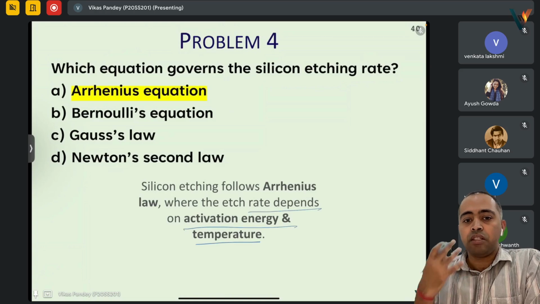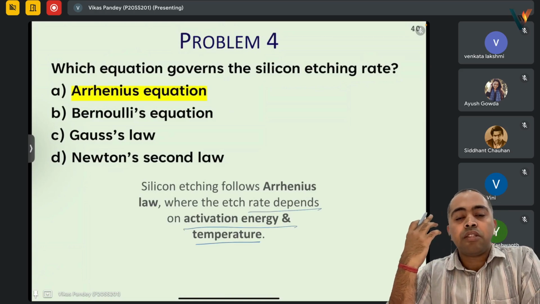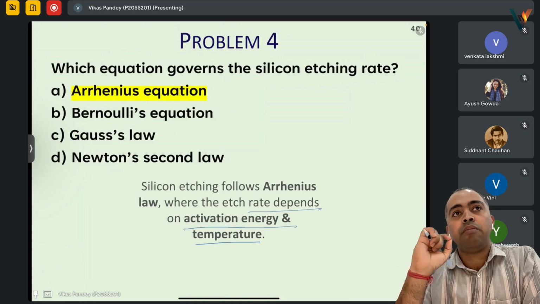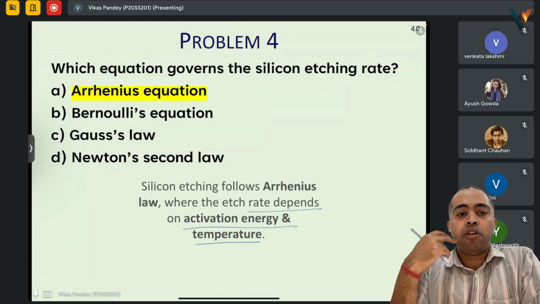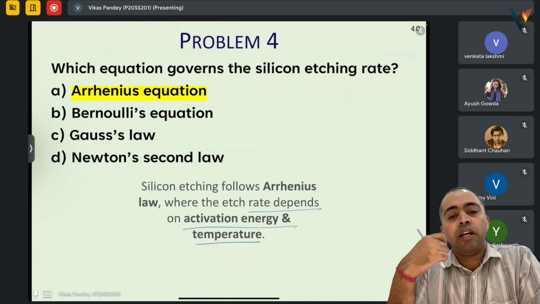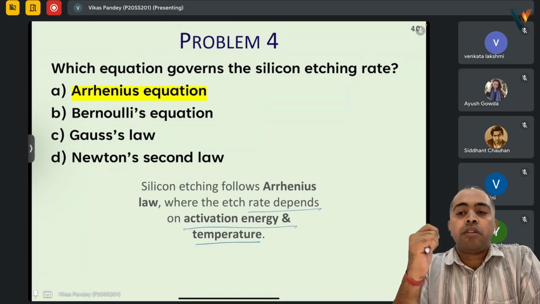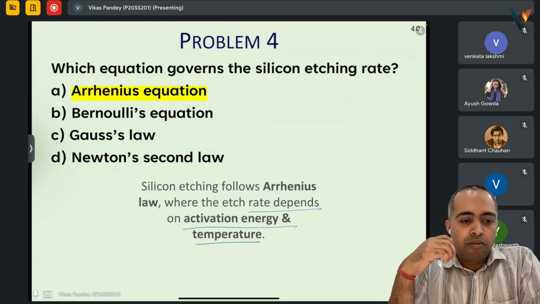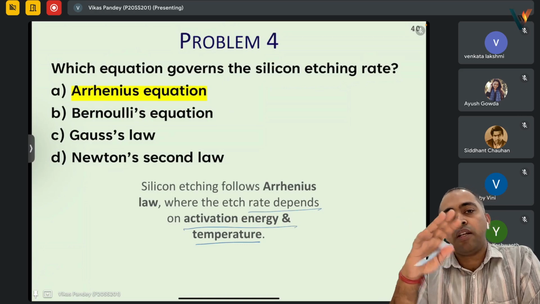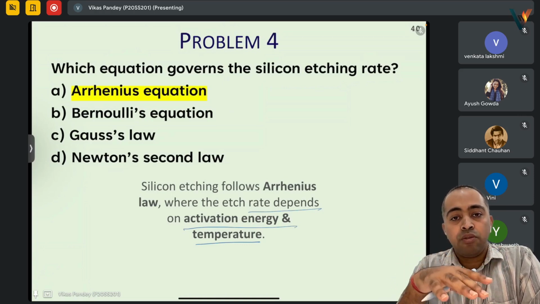Temperature is one big factor that will determine how fast the etching will happen. Suppose we want faster etching, we can use a higher temperature, but it might lead to uncontrolled etching. That's why specific temperatures are used.